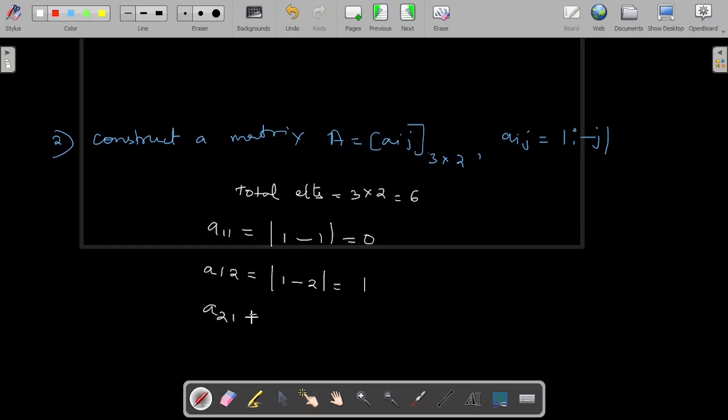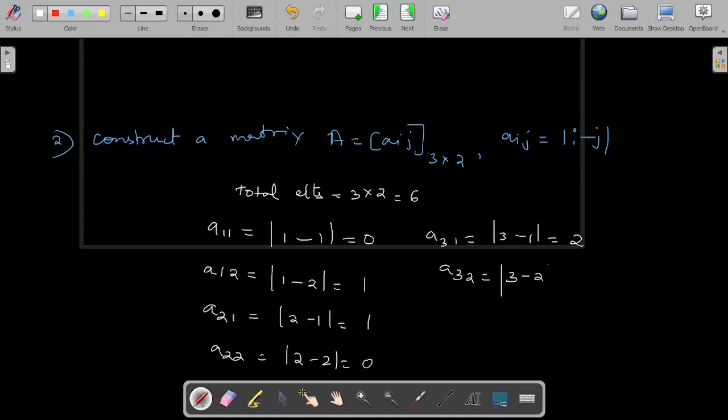Next go to A21. So 2 minus 1, i minus j, i first, j next, which gives you 1. A22 is equal to 2 minus 2, which is 0. Then A31, because 3 rows, 3 minus 1 equals 2. A32 is equal to 3 minus 2, that is equal to 1.